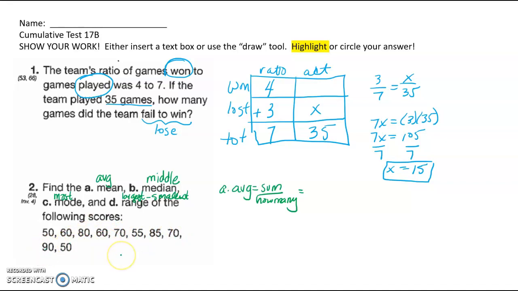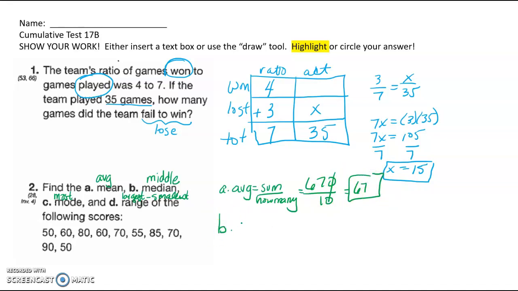So I'm going to add 50 plus 60 plus 80 plus 60 plus 70 plus 55 plus 85 plus 70 plus 90 plus 50. And I got 670 divided by 10, which gives me 67 for A.